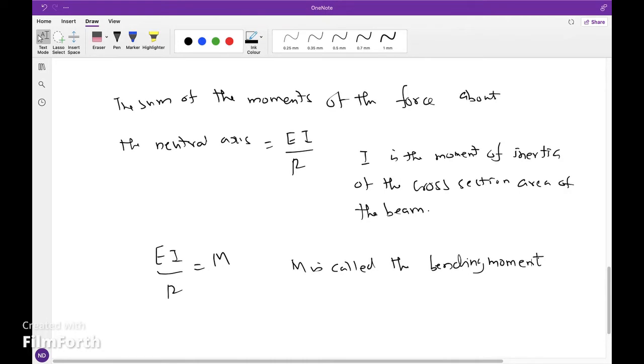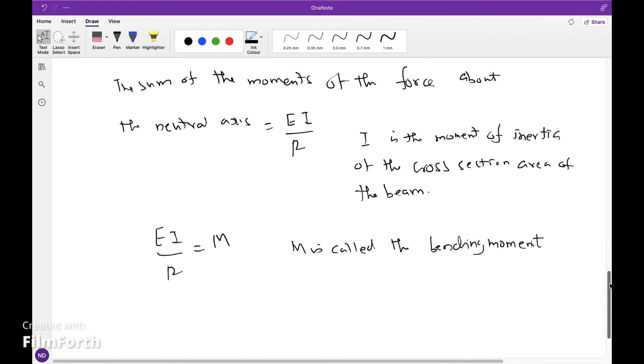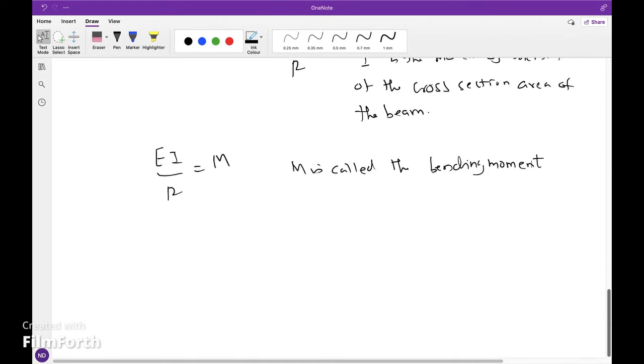Now as explained, when the deflection is very small, R is equal to 1 by d squared y by dx squared. Therefore, EI into d squared y by dx squared is equal to M. This relation is known as the Bernoulli-Euler formula. The product EI is called the flexural rigidity of the beam.